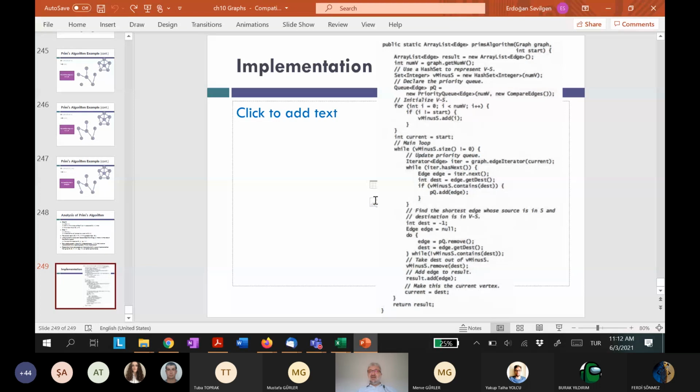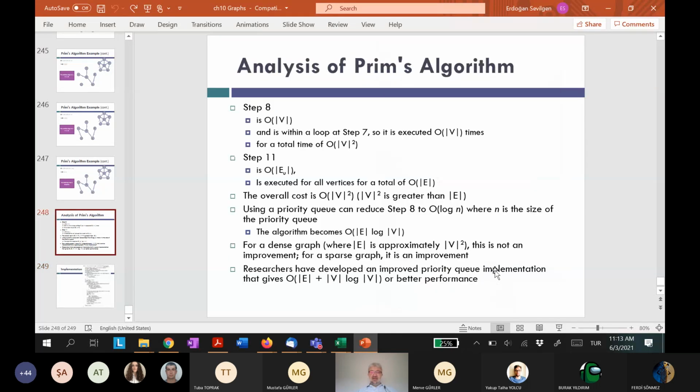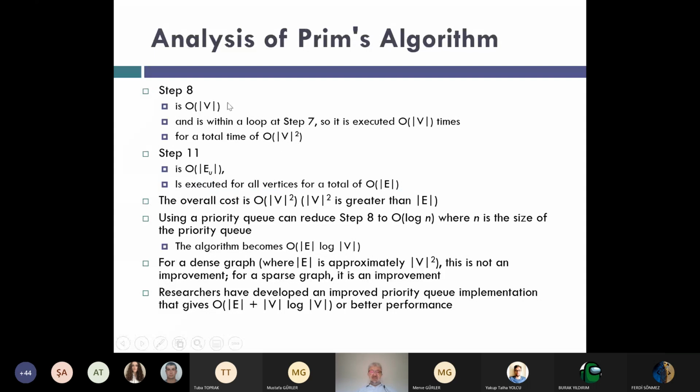The only difference is the use of a priority queue, and if you use a priority queue, you get better performance. You can check this analysis for Prim's algorithm. The same analysis applies for Dijkstra's method as well.